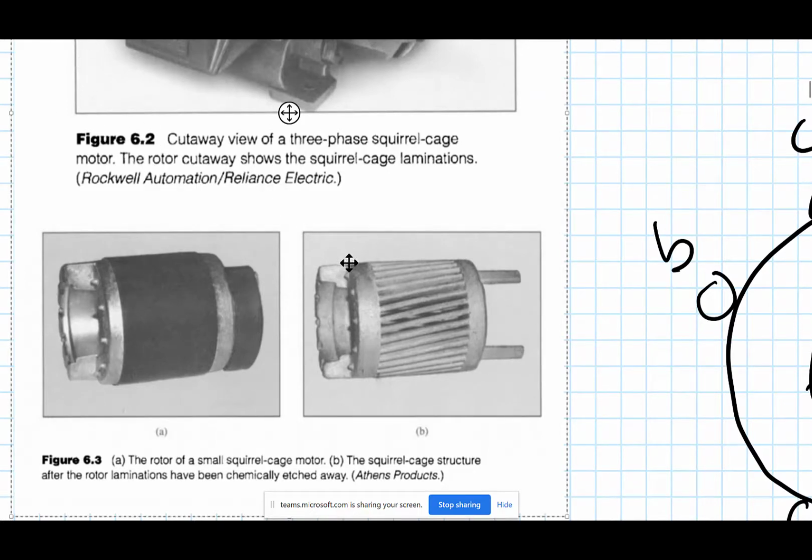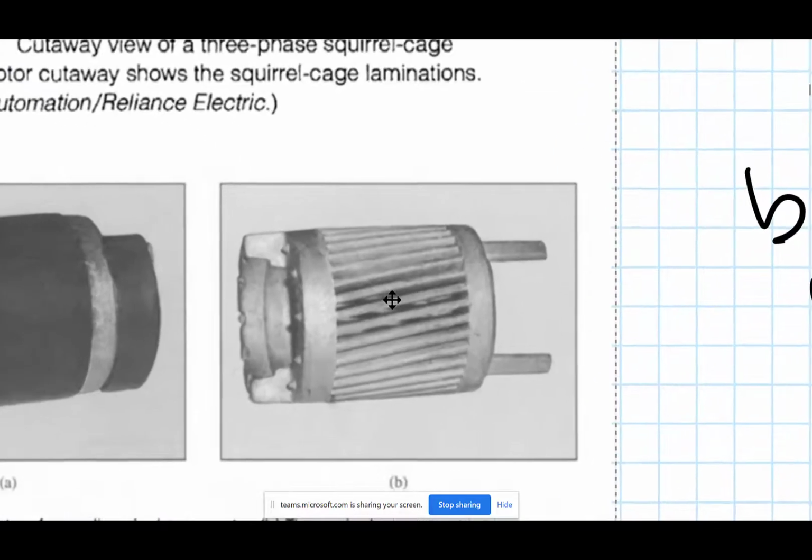You can see it really well right here. You have aluminum bars instead of windings. You know how we distribute the windings in slots. You just take these bars around the rotor, and then you put a conductive aluminum ring on both ends. You cap it and weld it together, and you've got this thing like a squirrel cage, that squirrels run around in.